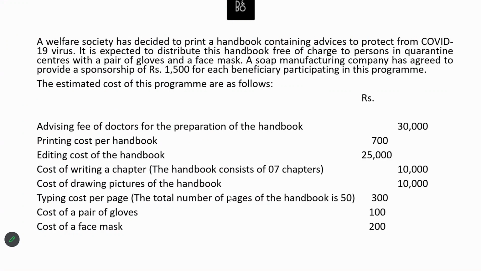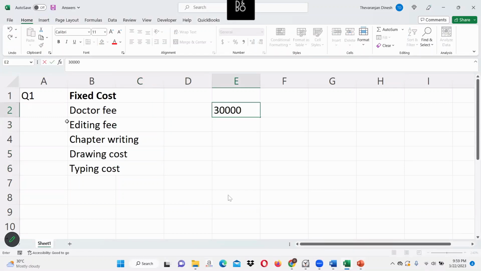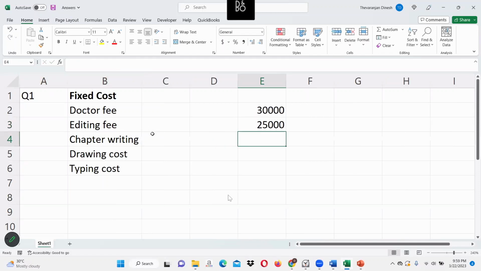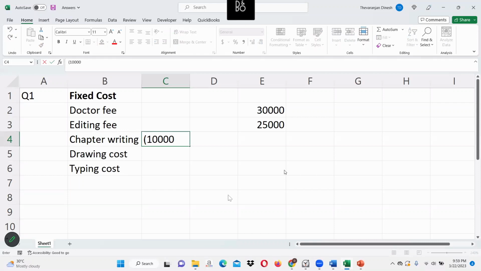So doctor fees 30,000, the editing fees 25,000. Chapter writing: one chapter is 10,000. There are 7 chapters. So 10,000 into 7, that is 70,000 for the chapter writing fees.